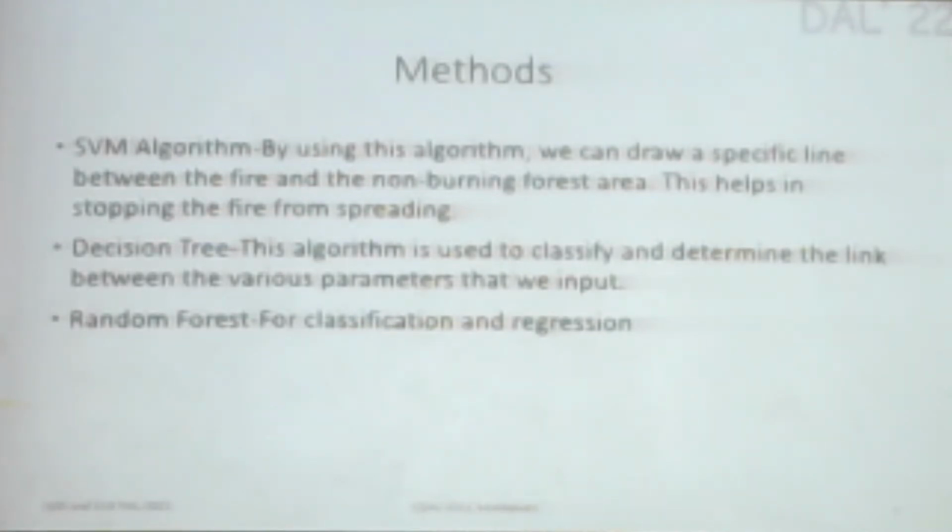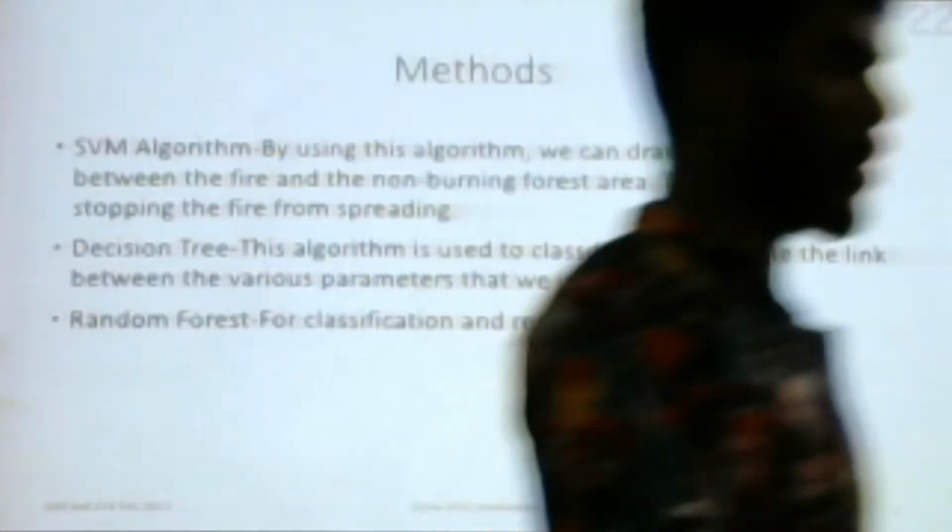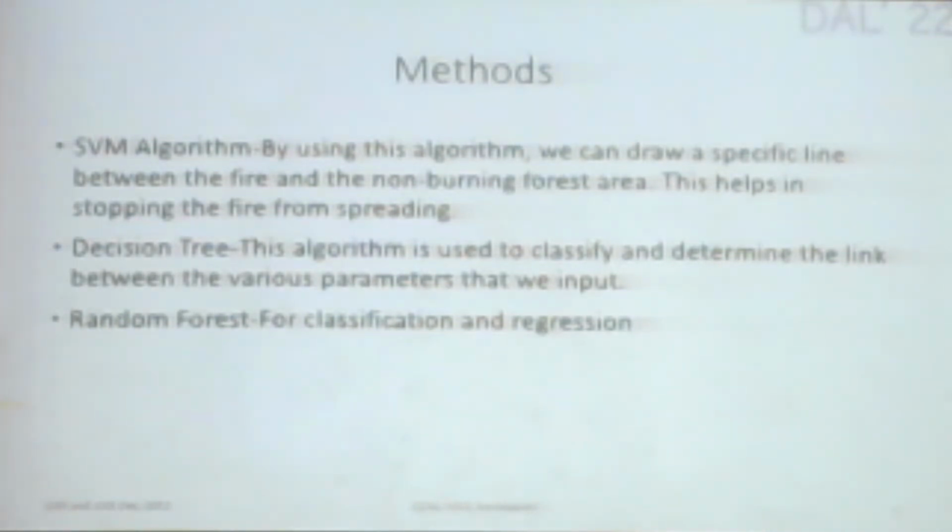And we apply the decision tree and try to classify based on various parameters, like I was mentioning in the data set. And based on the classification and regressions, we decide later how we can handle it.